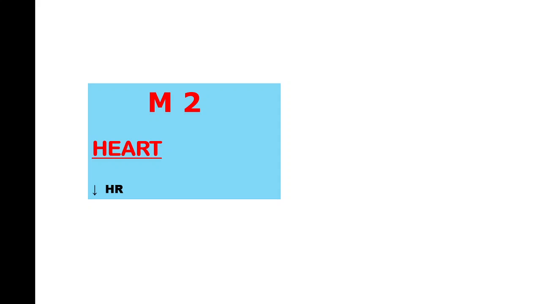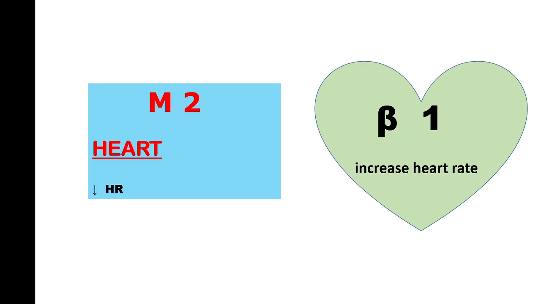So now an example, M2 receptors. In the parasympathetic system, M2 receptors are on the heart. When acetylcholine acts on the M2 receptor, there will be a decrease in heart rate. Now, opposite to that, in the sympathetic system, beta 1 receptors are in the heart.